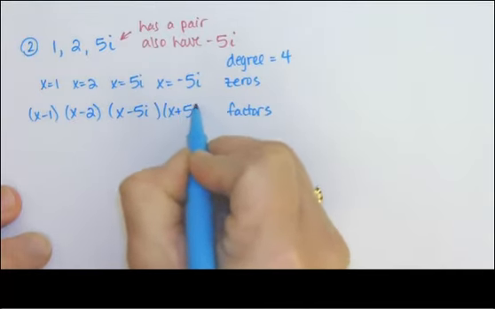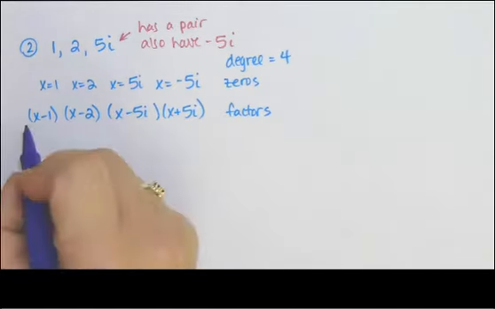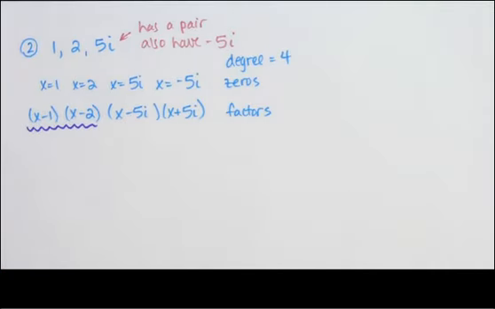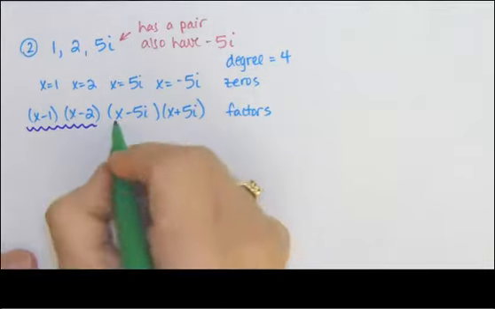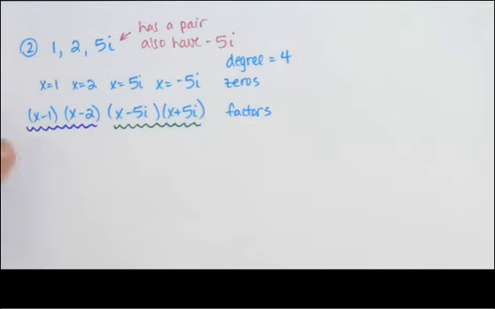I know those look a little bit scary, but they're really not that bad to work with. When you start foiling, you want to clump together your real answers and then your complex answers. So I'm going to foil the real ones and the imaginary ones. I know that looks pretty scary, so let's get that out of the way.